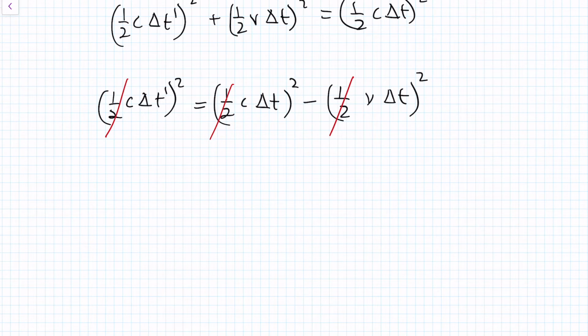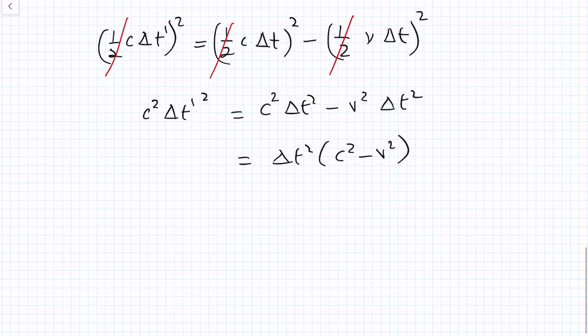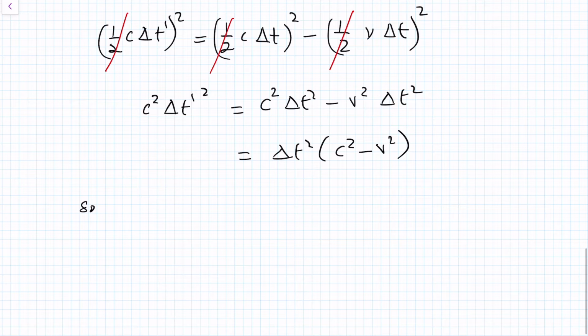So we have c squared Δt' squared is equal to c squared Δt squared minus v squared Δt squared. So that's equal to Δt squared into c squared minus v squared. So we have c squared over c squared minus v squared, Δt' squared is equal to Δt squared.